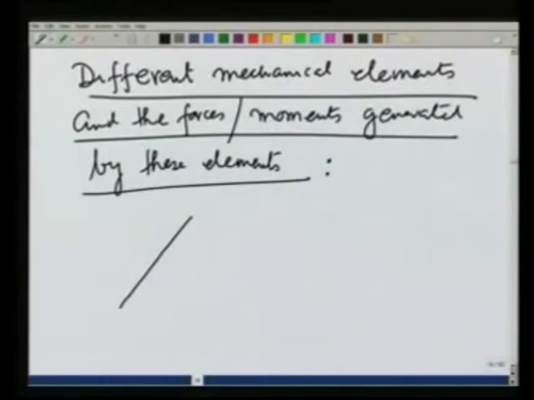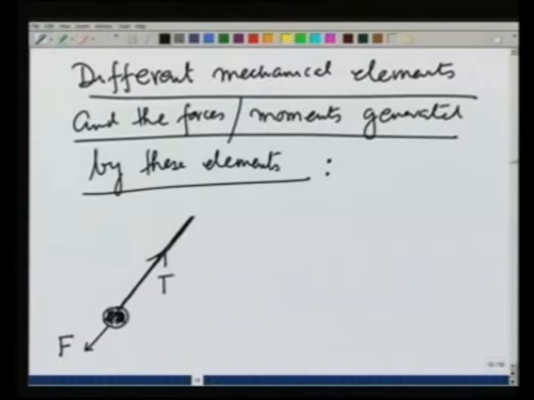The simplest of the elements is a string which can apply a tension. Suppose I am pulling a ball or something tied at the end of a string by a force F and it is not moving, then the string applies a tension in the opposite direction.